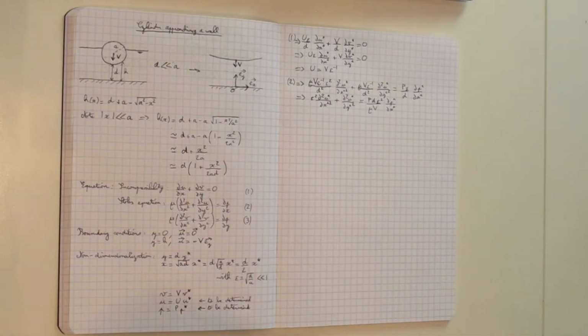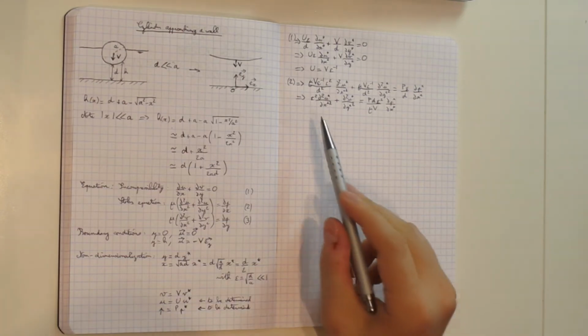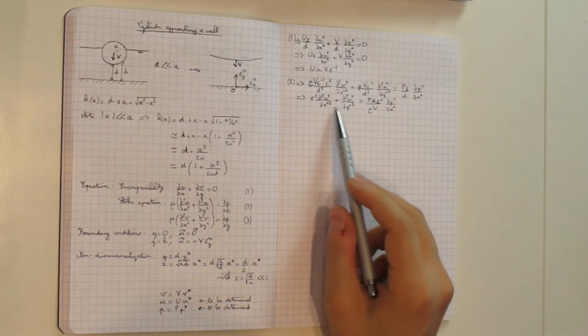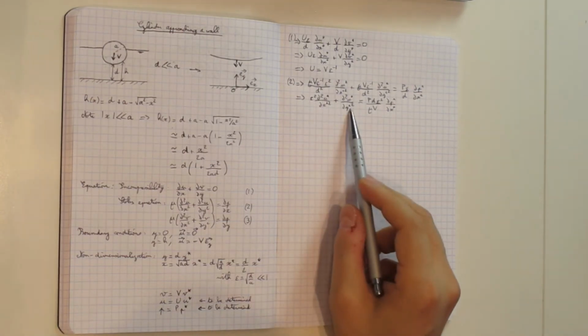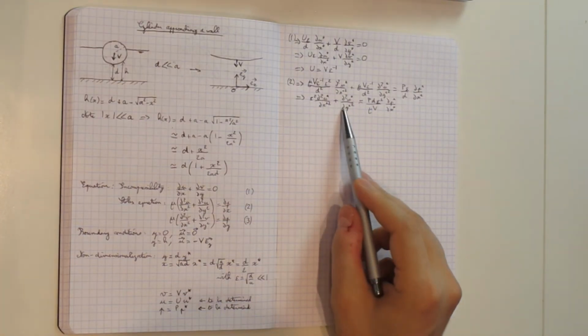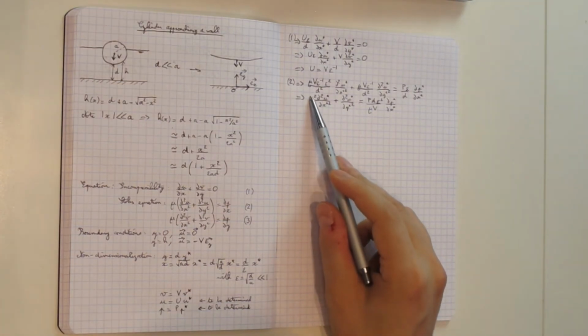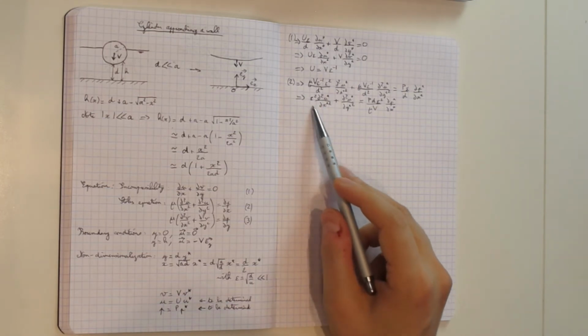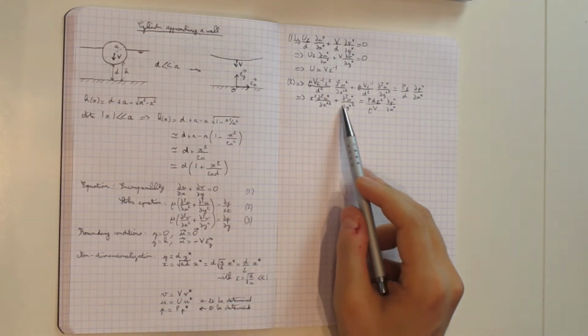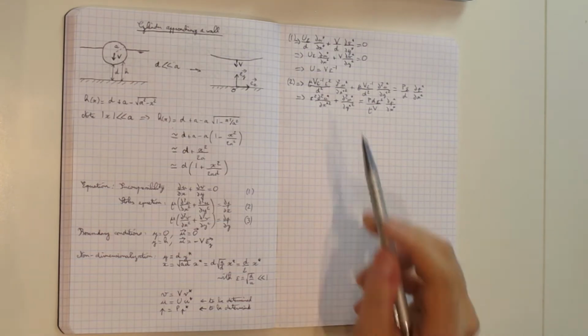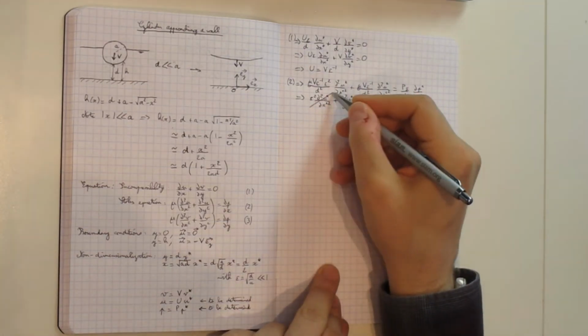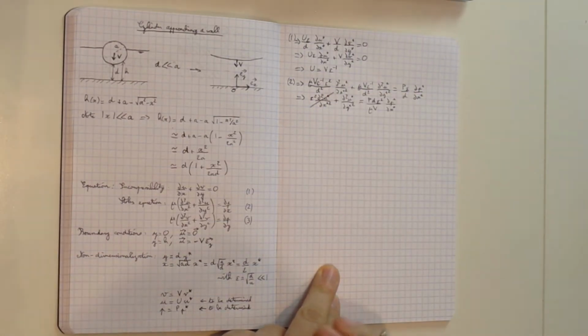Okay, so immediately here, what we can notice is that viscous forces here have two terms, and one of these terms is small compared to the other one. This has an epsilon squared as a prefactor, being small compared to this one, which has a unit prefactor. So I'm going to neglect this term for the remainder of the calculation.